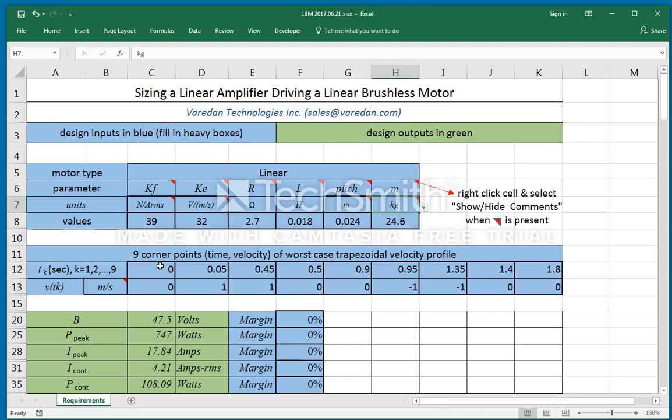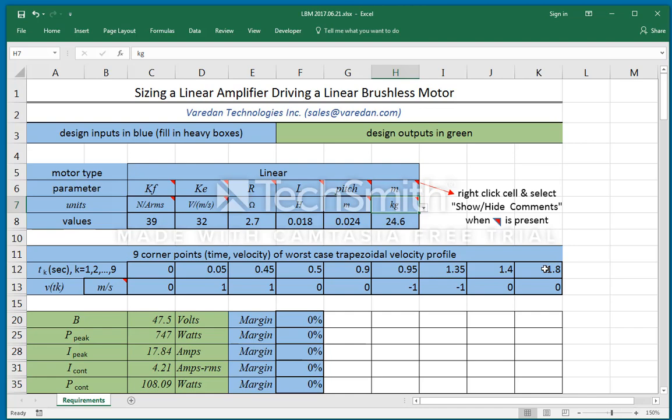Next, we want to input the 9 corner points, the time and velocity of the worst case trapezoidal velocity profile. So this is the profile that we think will be taxing to our system. And so those corner times are at 0, 50 milliseconds, 450 milliseconds, half a second, 0.9 second, 0.95, and so forth, up to 1.8 seconds. And we assume, for the sake of this calculation, that motion is periodic.